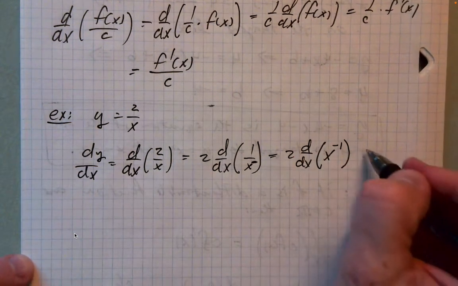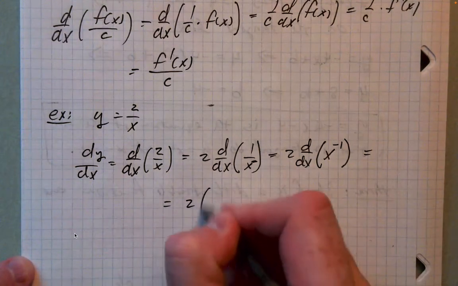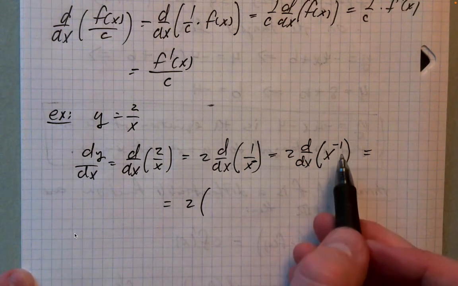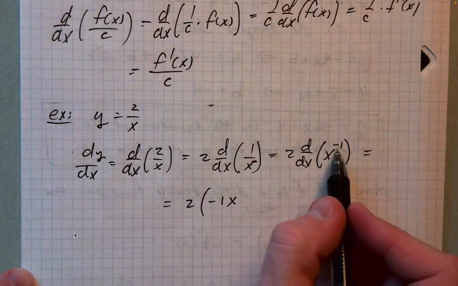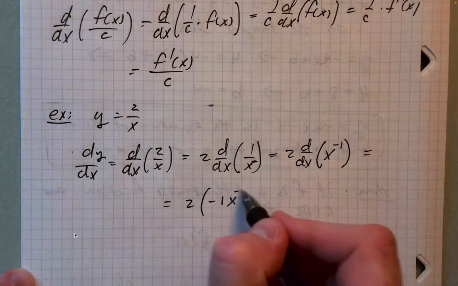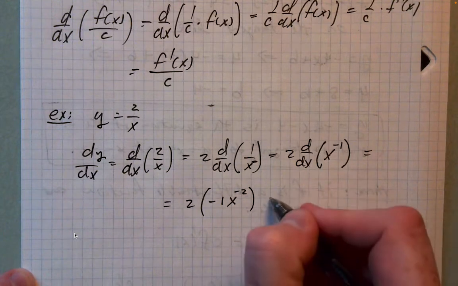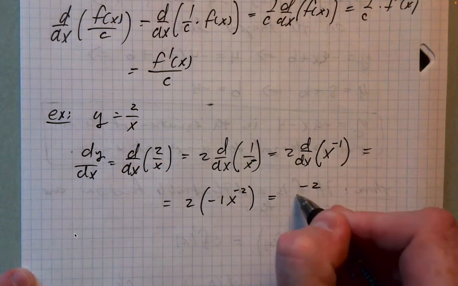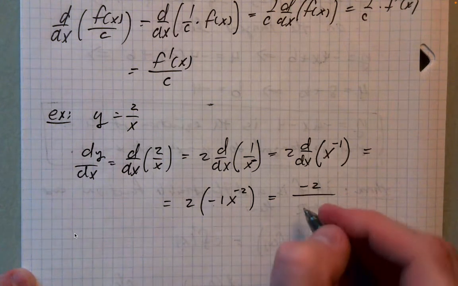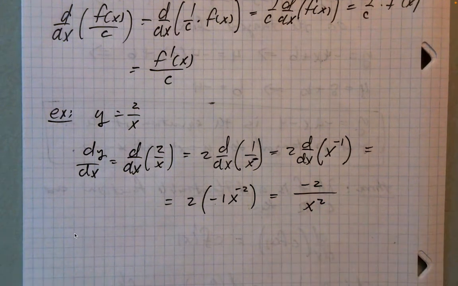And then you can really easily just use the fact that this is like an x to the n. So it'd be negative 1 times x to the n minus 1, so it'd be negative 2, right? And there you have it. So you can clean that up: negative 1 times 2 is negative 2, and then x squared down below. All right, so there's that one.